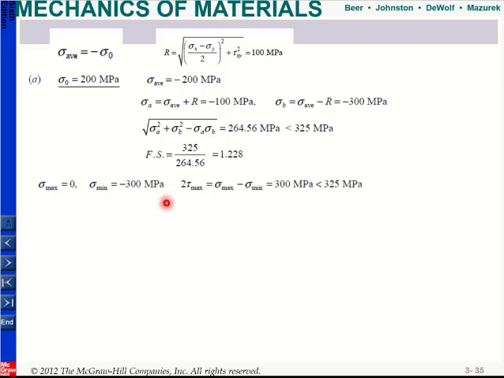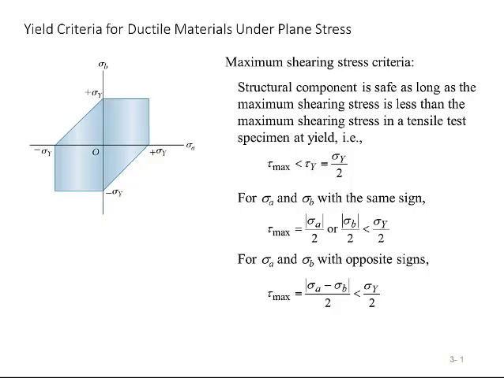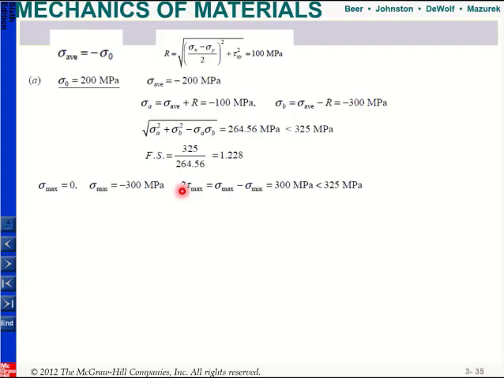So if you want to find your Tmax, remember that you can use this equation, which means that 2 Tmax is equal to sigma max minus sigma min, which in this case is equal to 300, and this should be less than your sigma y. Or the criterion was given as Tmax should be less than sigma y over 2.